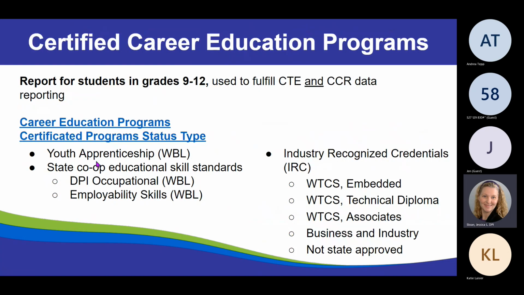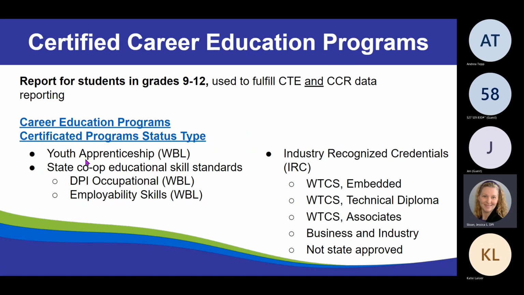Anytime you have youth apprenticeship or DPI occupational, state co-op, DPI employability skills, these are automatically work-based learning because the curriculum being used is being developed by either DWD or DPI, and we ensure that it meets eligibility of the 6 criteria for work-based learning.